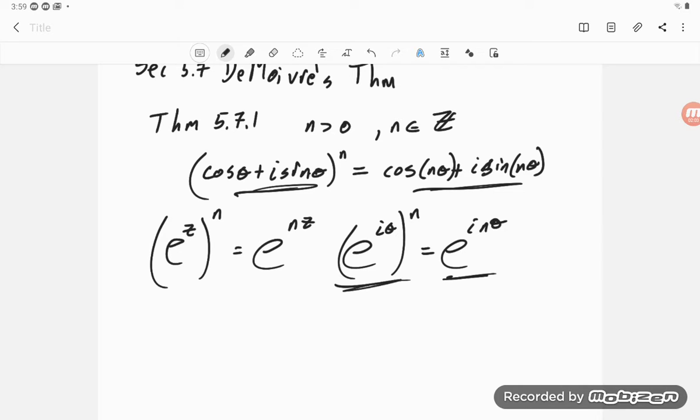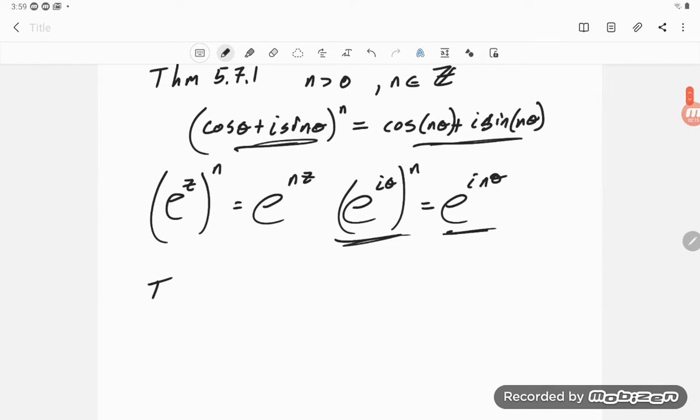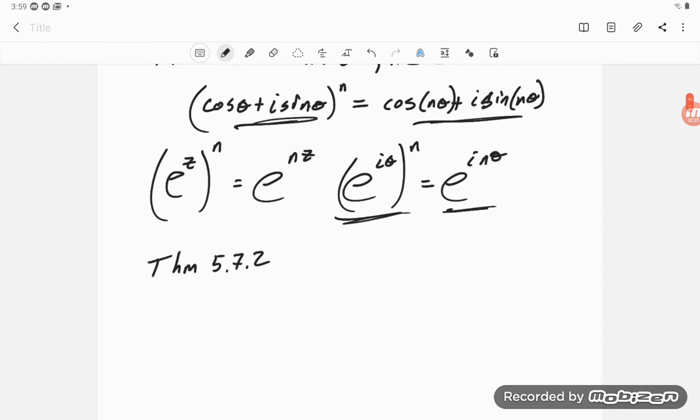Okay, so now from that, we then look at theorem 5.7.2, and this is the roots of unity is what's going on here.